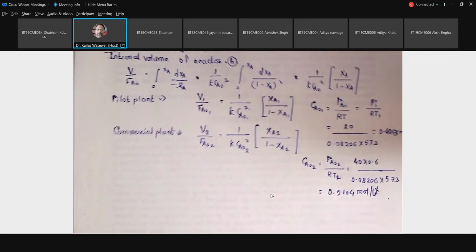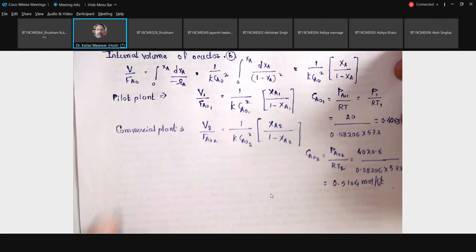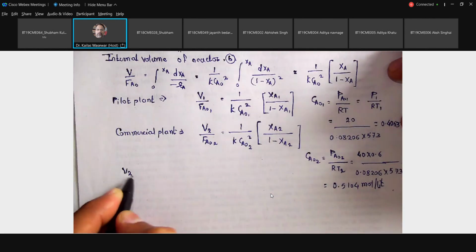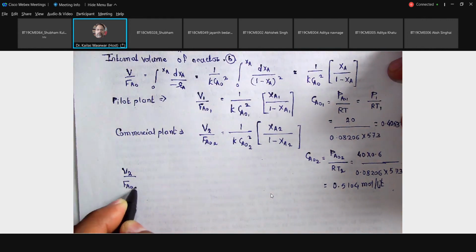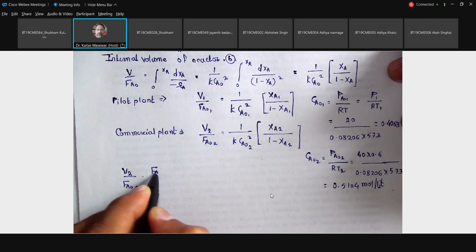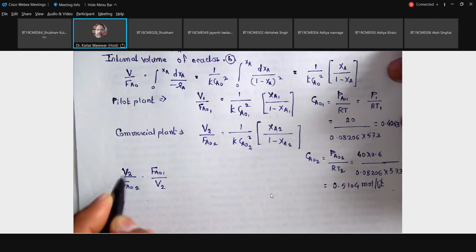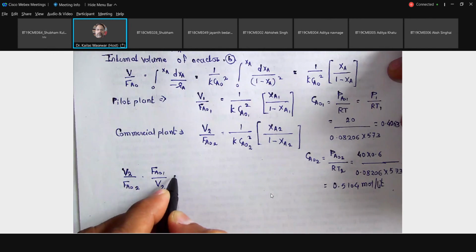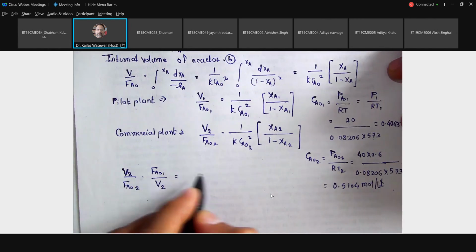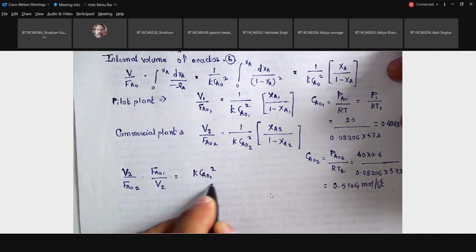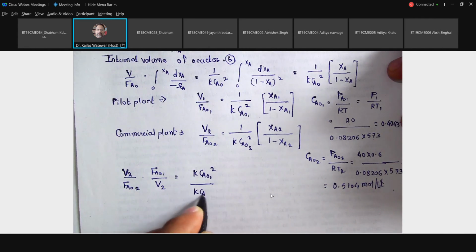So this way you will have the value of Ca0. Then rest is very simple. You can just divide 1 by 2. So it will be V2 upon Fa02 divided by V1 upon Fa01, and this will be equal to K Ca01 square upon K Ca02 square.